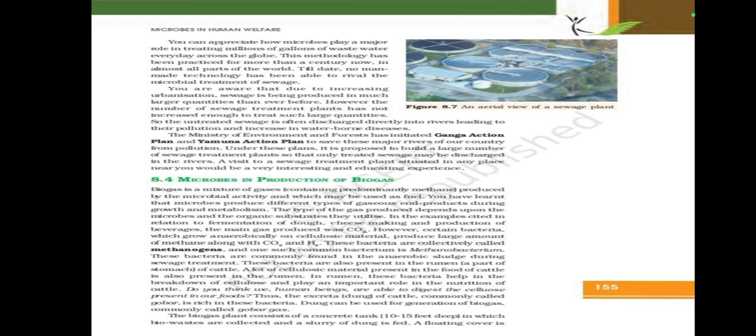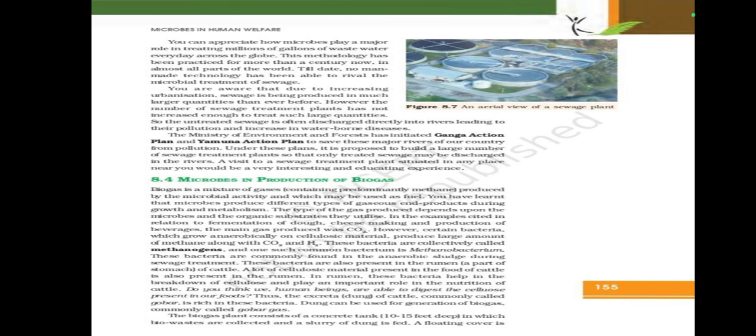Under these plans, it is proposed to build a large number of sewage treatment plants so that only treated sewage may be discharged in the rivers. A visit to a sewage treatment plant situated near you would be a very interesting and educating experience. Next, the role of microbes in production of biogas.